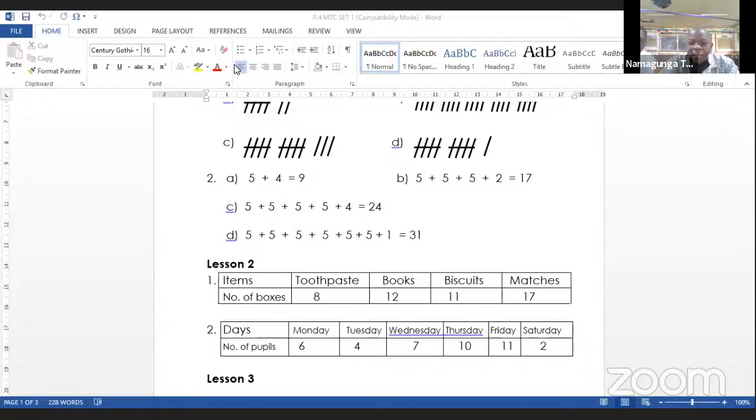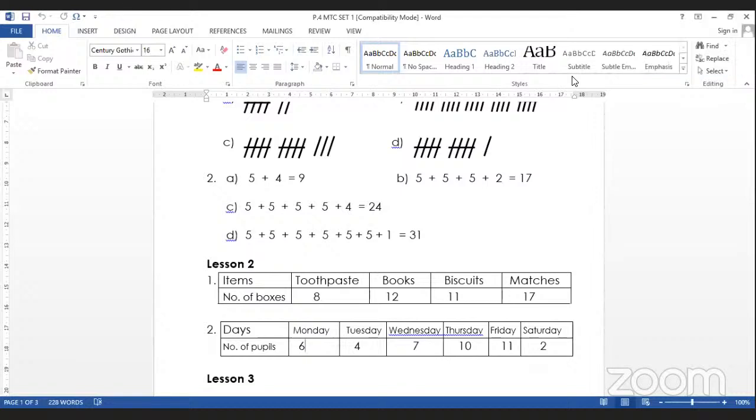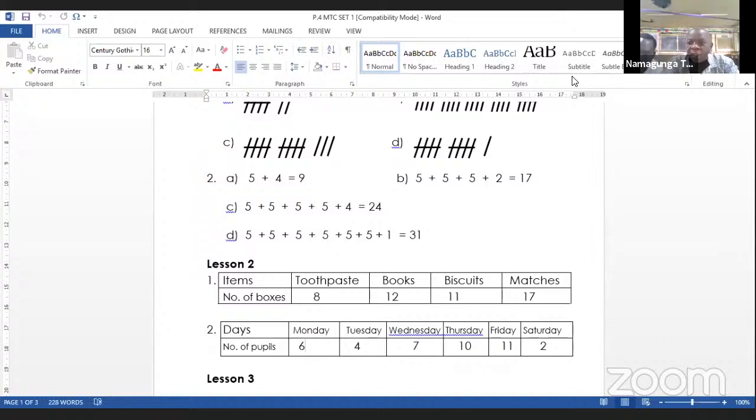Namwebe. Namwebe is down. Teacher, which number are we on? I said that we have been answering in number 2. Teacher.